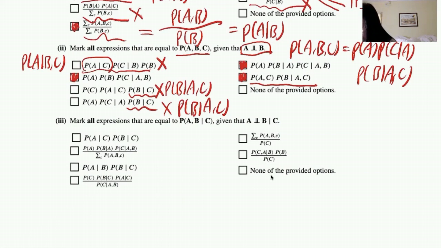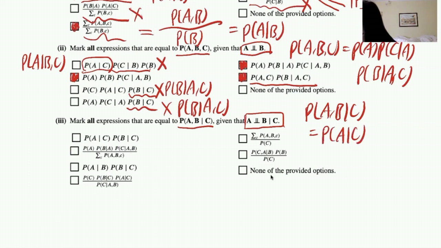Then finally, let's compute the probability of AB given C, given that A is independent of B given C. Firstly, we know that the probability of AB given C is equal to the probability of A given C multiplied by the probability of B given AC.